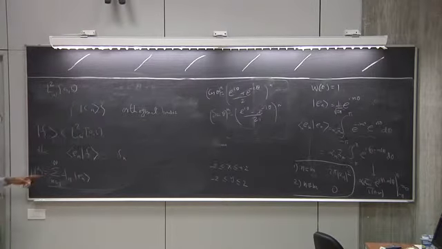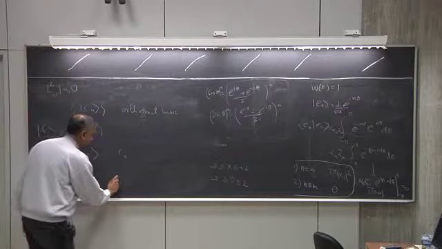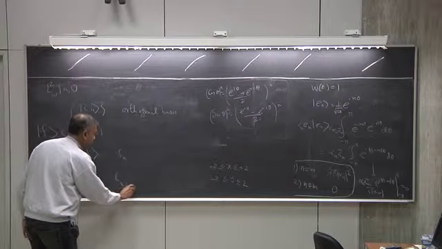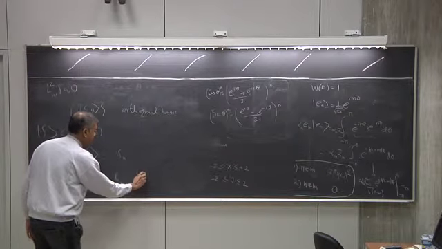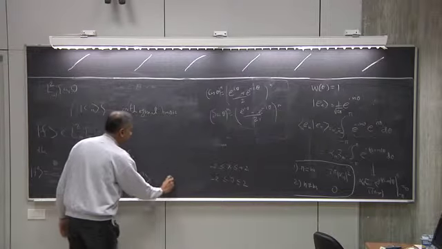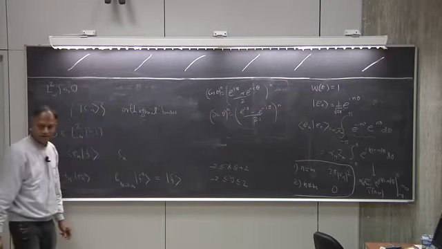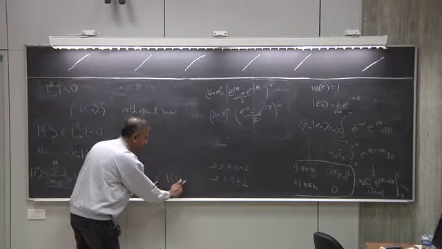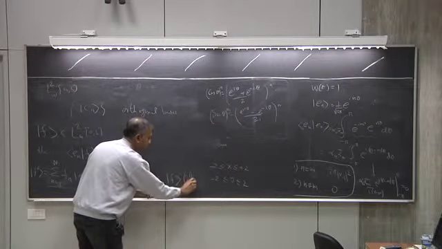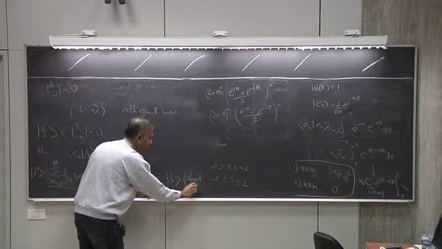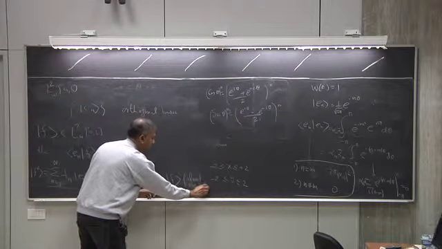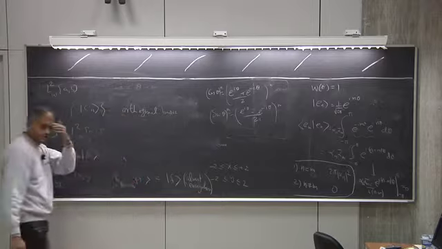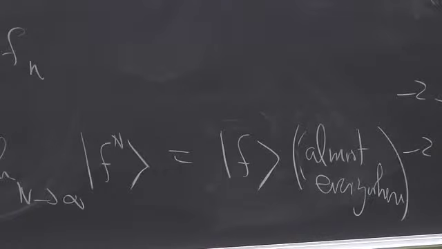What we saw was that the limit as n goes to infinity of these vectors fn is equal to f, but equal in the sense of almost everywhere, or in the mean. So this we saw.